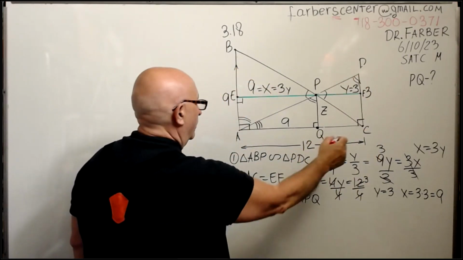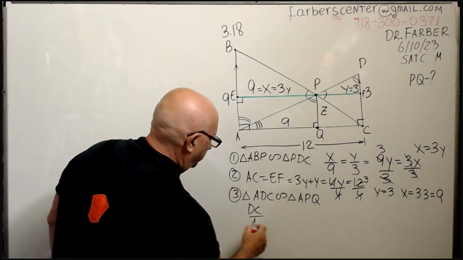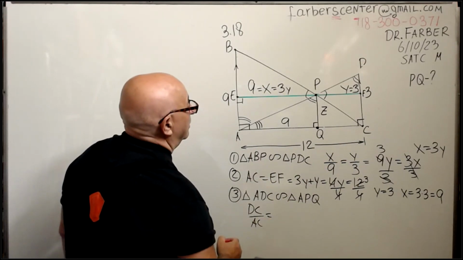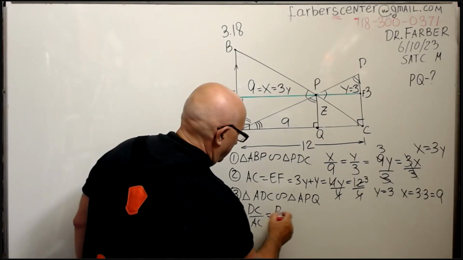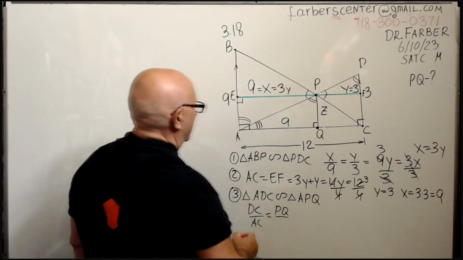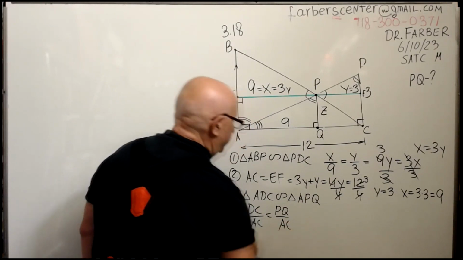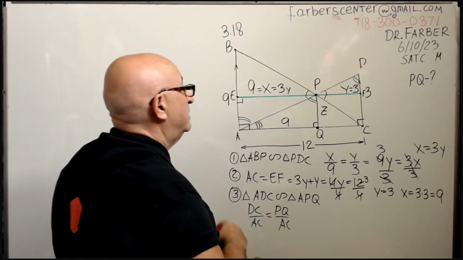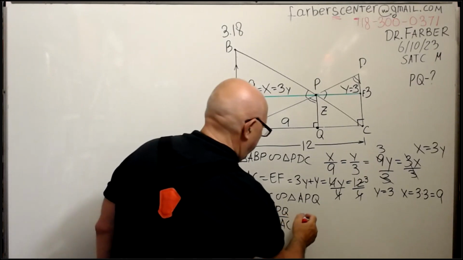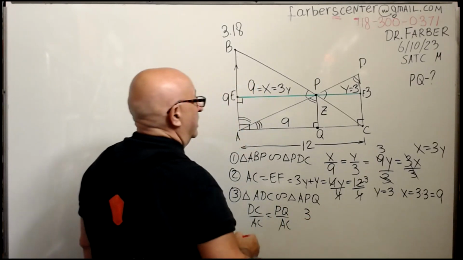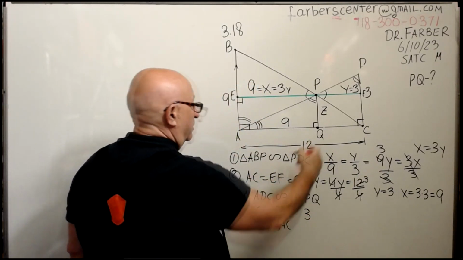DC to AC, like PQ to AQ. I give letters so it's easy for you to trace it. But DC equals 3. AC equals 12, given.